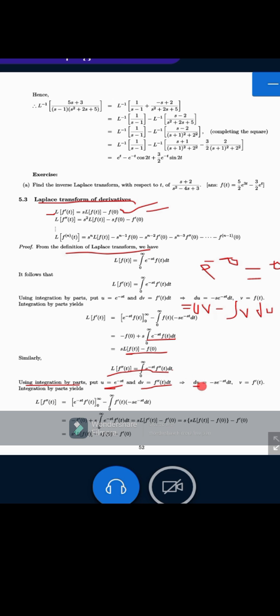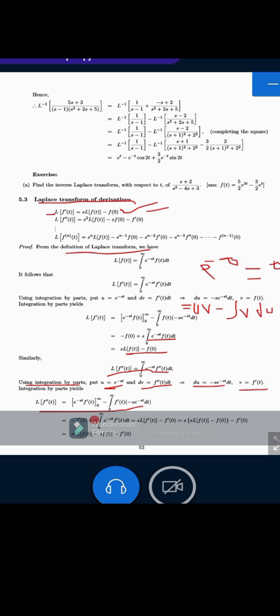So you need to obtain du by differentiating u, and you obtain v by integrating dv. Then after obtaining u, v, dv, and du, you apply this formula.